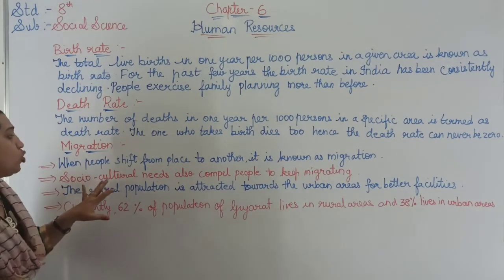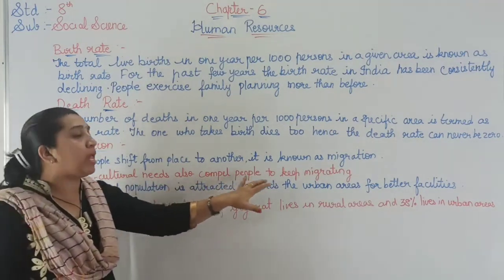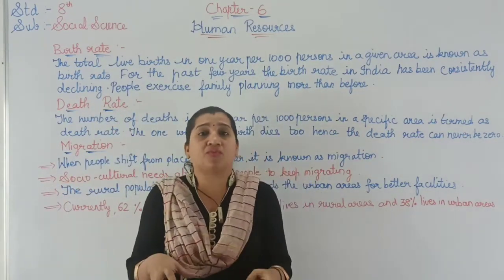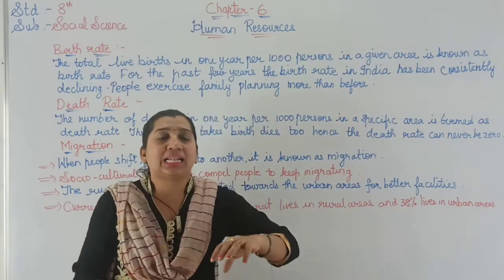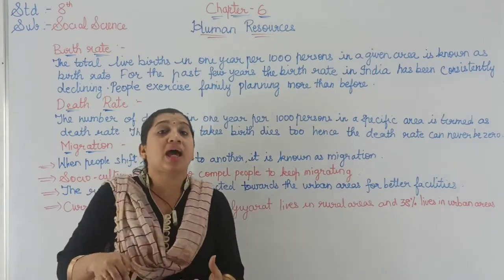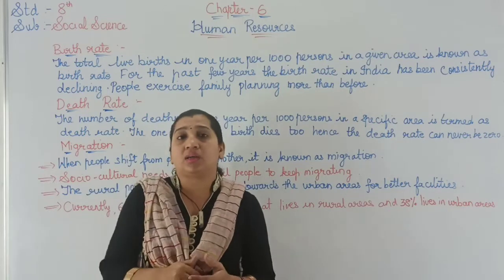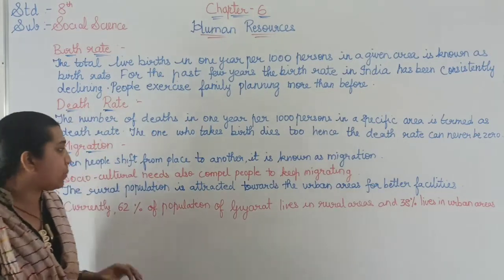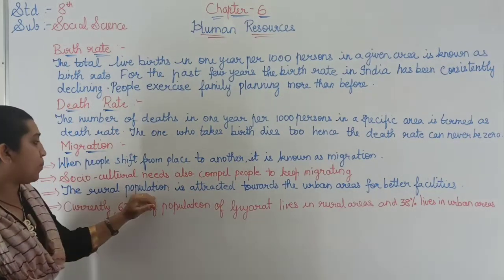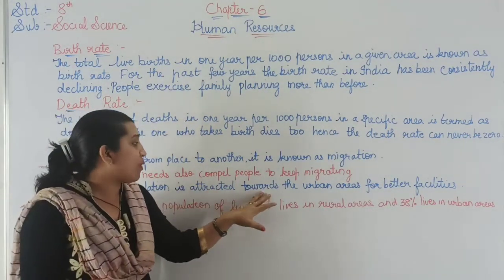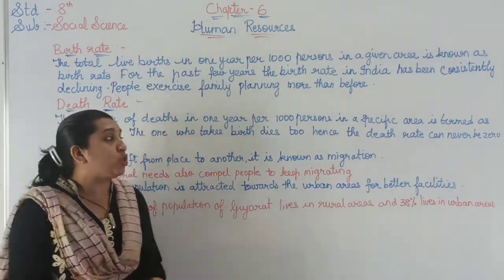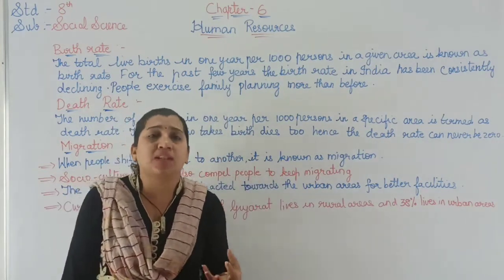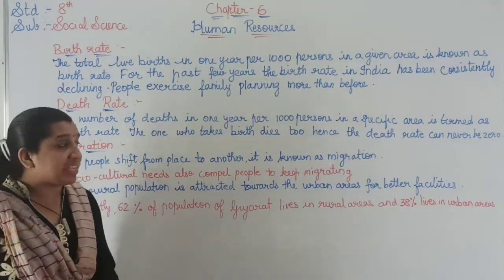Now here, socio-cultural needs also compel people to keep migrating. Many a time we are able to see that some members of a family are living in one area and others are residing in another area. So for socio-cultural reasons, they are migrating from one place to another. The rural population is always attracted towards urban areas due to better facilities for education, transportation, and health.